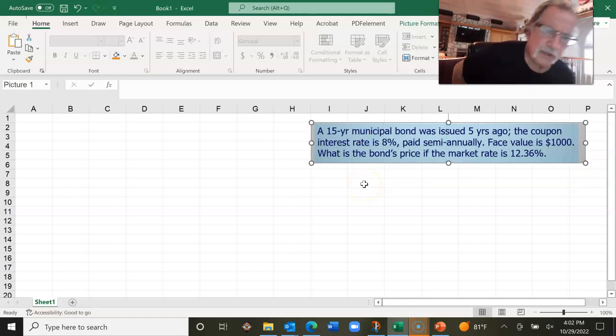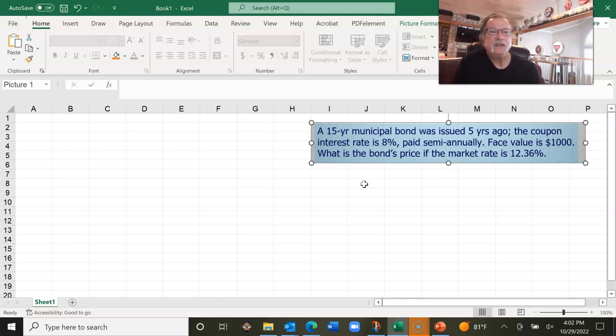When you issue the bond, what we know is that in 15 years, we are going to pay $1,000. In addition, we're going to pay 8%, and that's the coupon interest rate. Basically, it means it's 4% every 6 months.